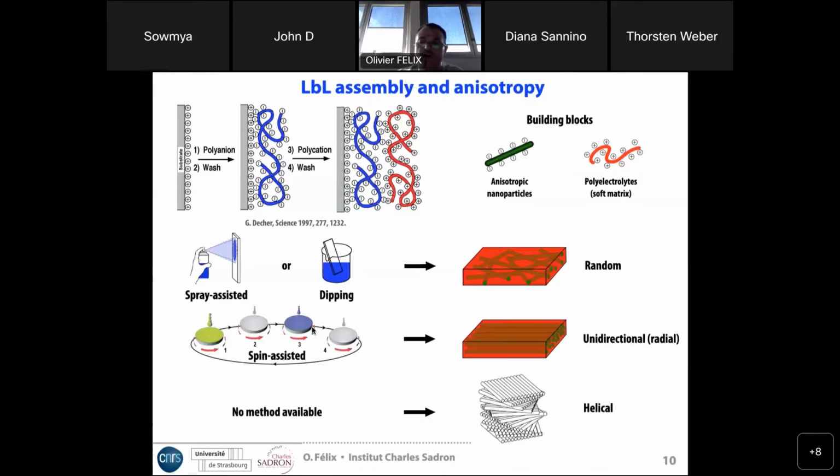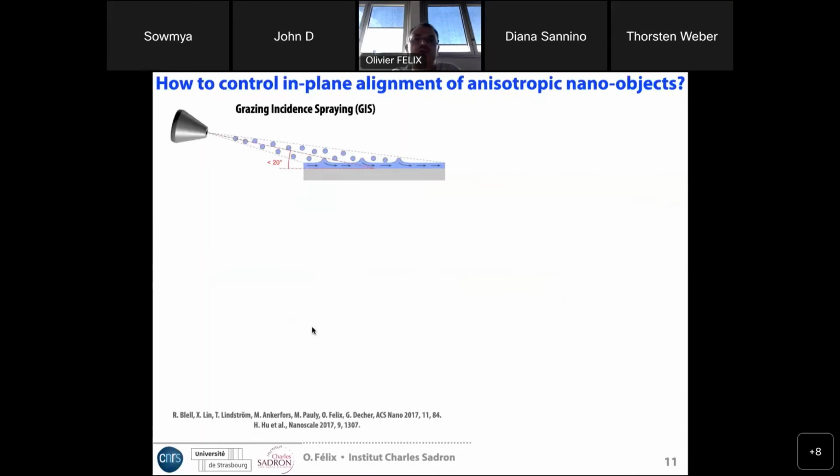That's the reason why we developed recently grazing incidence spraying. That means instead of spraying your solution orthogonally with respect to the receiving surface, we will spray at a grazing incidence, with an angle lower than 20 degrees on the receiving surface, and you will get an alignment of your anisotropic object in the spray direction, simply like that.